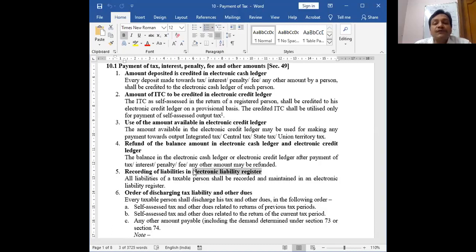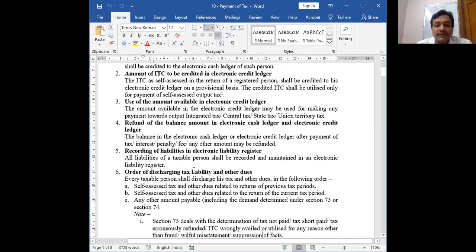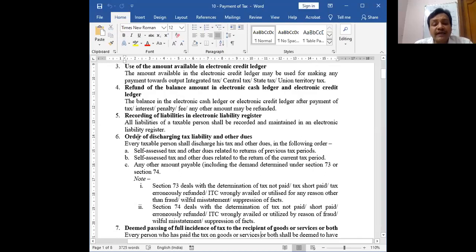So all the liabilities which you are supposed to pay, for example your output tax, fees, late payment, interest, etc., all will be reflected by default in your electronic liability register. And there are only two options to pay GST: either you pay through bank or cash, and second is through your ITC. That's it.